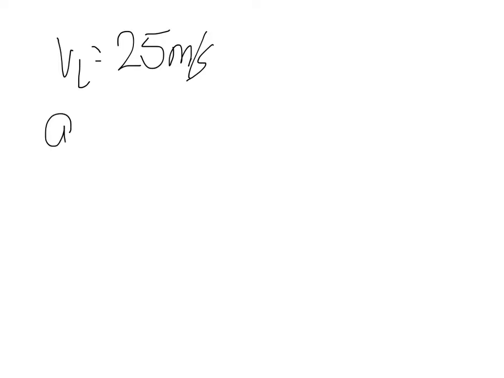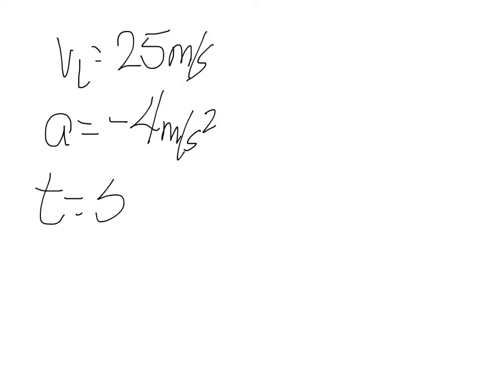So let's look at a bicyclist who is traveling at 25 meters per second. So we know initial is 25 meters per second. And he begins to decelerate at -4 meters per second squared. So he's decelerating; that's acceleration in the negative direction, 4 meters per second squared. And how fast is he going after 5 seconds?